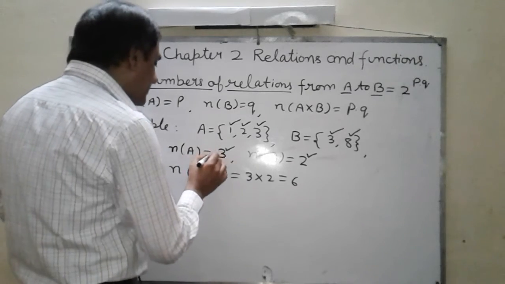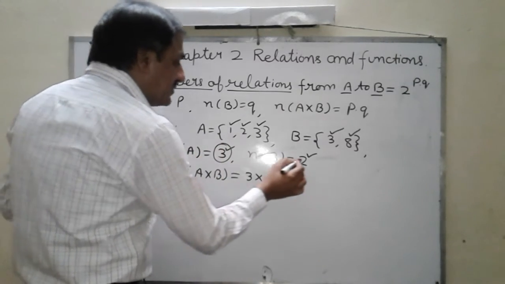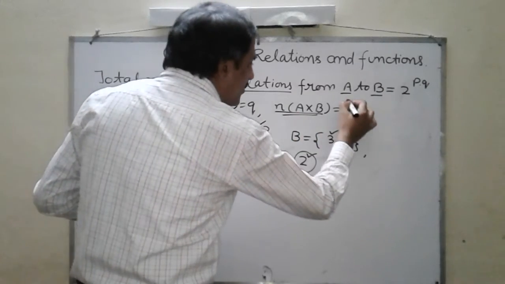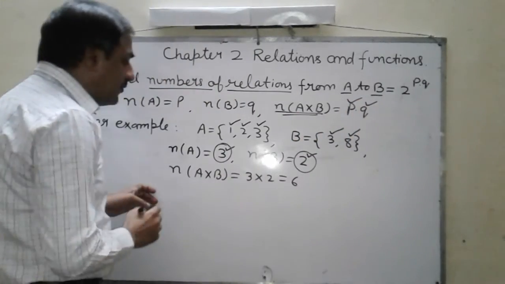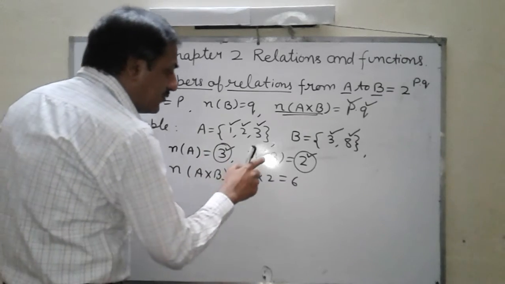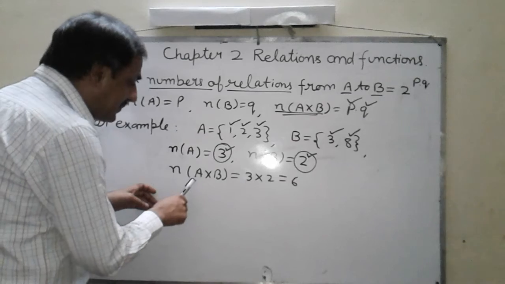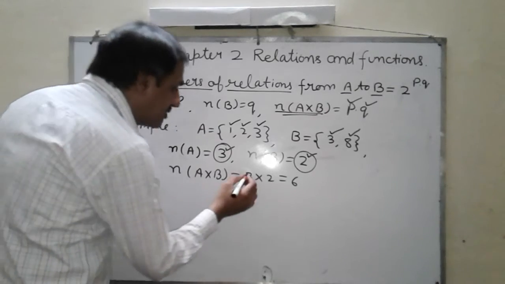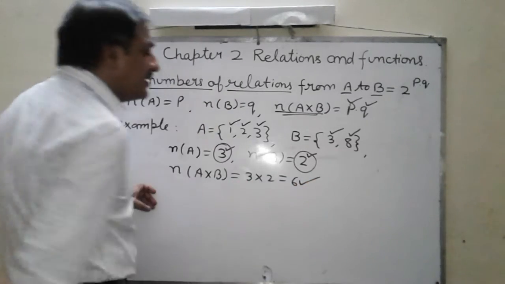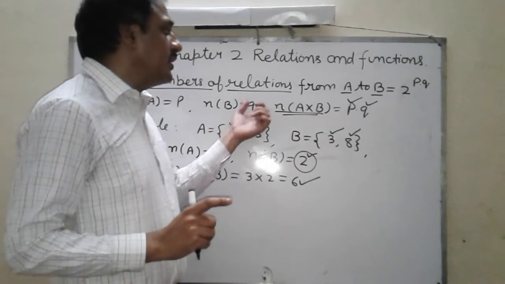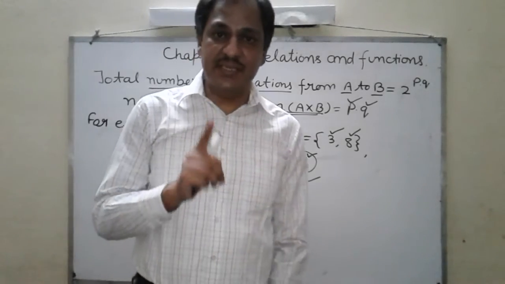Here this is the value of P, this is the value of Q. Here n of A cross B is equal to P into Q. The value of P is 3 and the value of Q is 2. So the total number of ordered pairs from set A to set B is equal to 3 into 2, which is equal to 6.